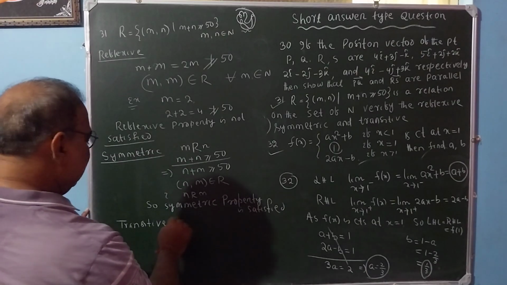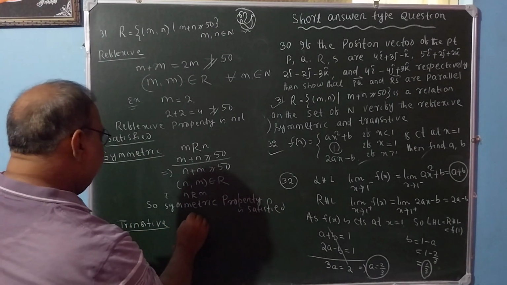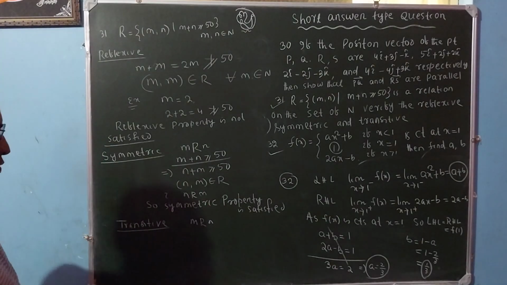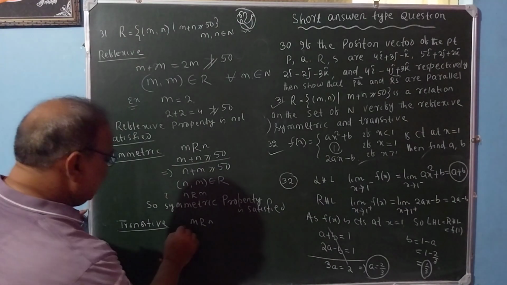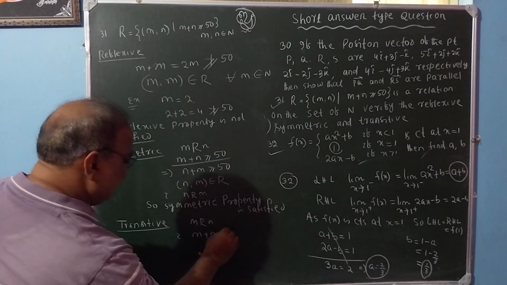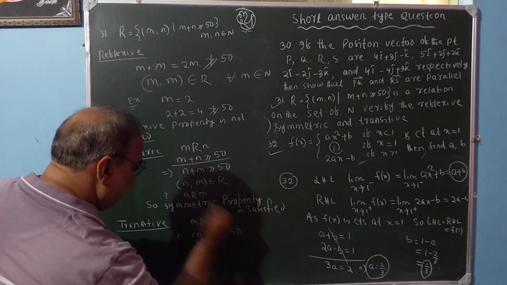Transitive means: m related to n, that means m plus n is greater than or equal to 50.